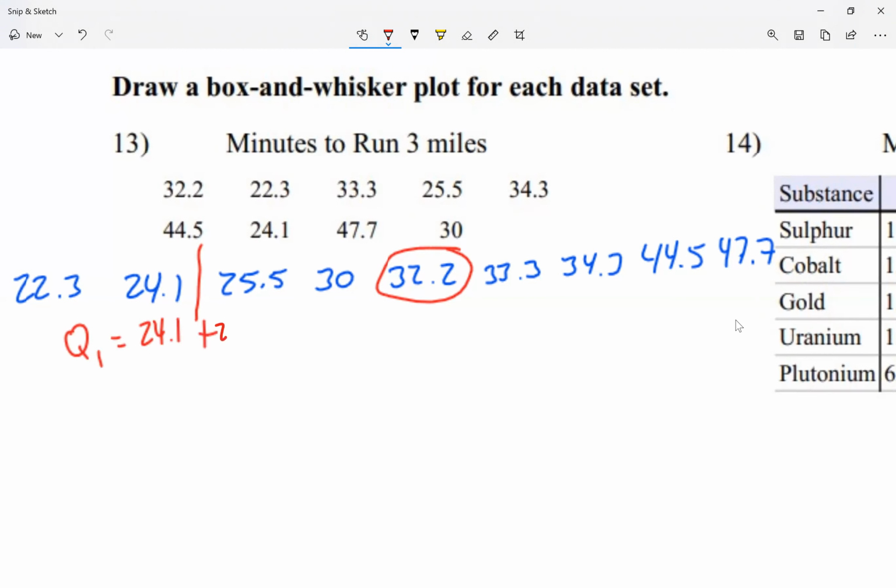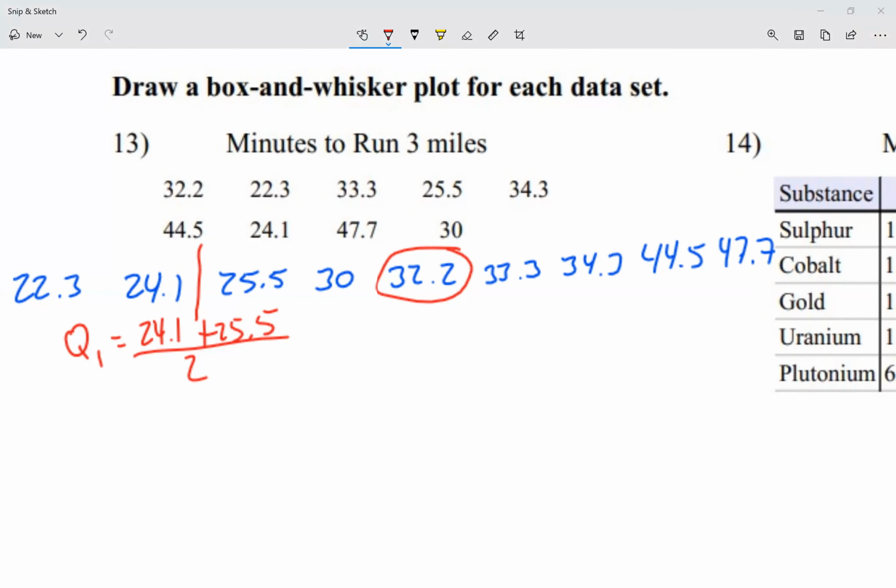So I'm going to say my quartile 1 is 24.1 plus 25.5 divided by 2. Because if I asked you, what's the number between 24.1 and 25.5? Probably you could figure it out. But instead, I'm going to add this. So I'm going to get 49.6. Now 49.6 divided by 2.